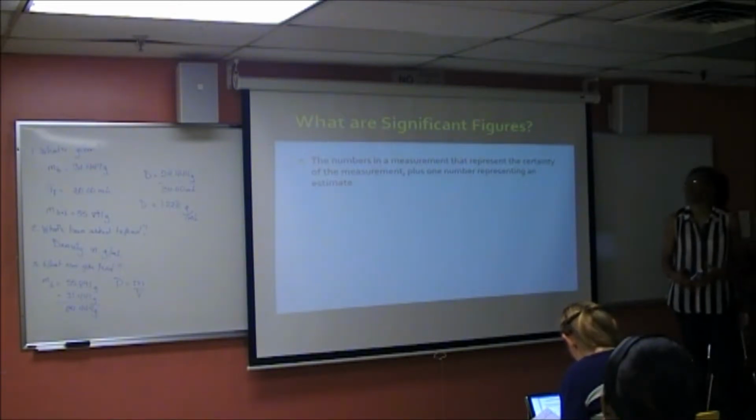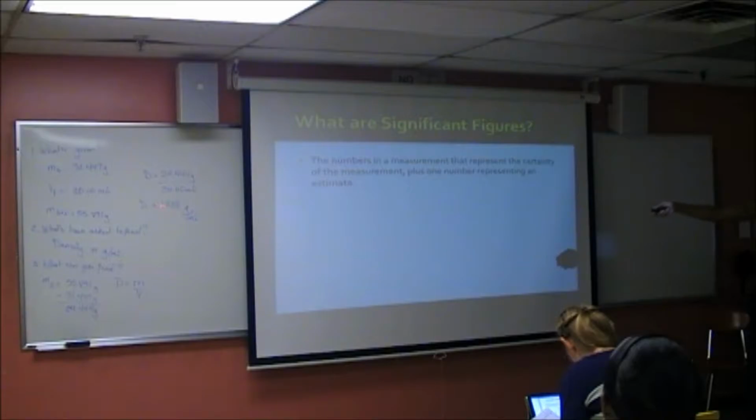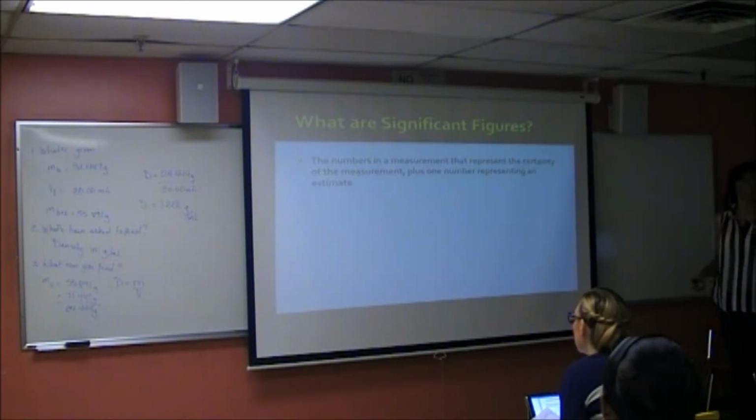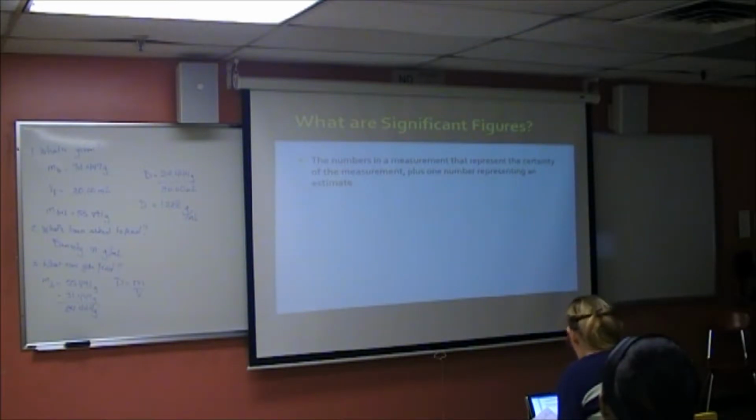For our density here, which do you think is the most important digit? The 1, because that contains the bulk of your substance. Which one do you think is least significant? The last two. You can consider those like the extra crumbs.